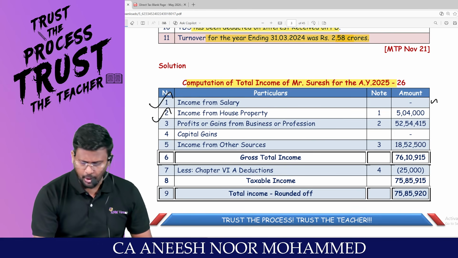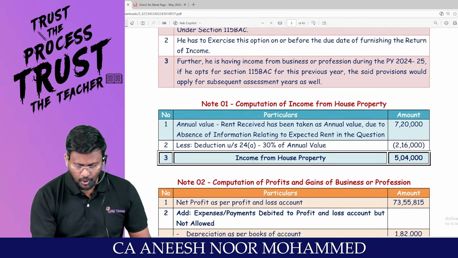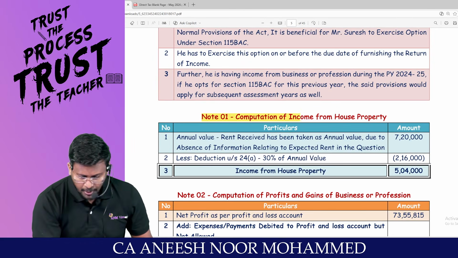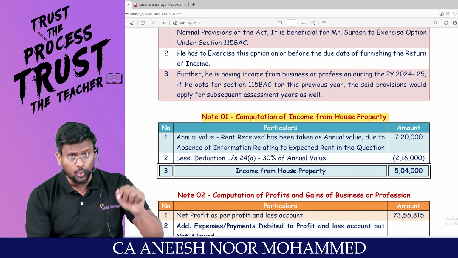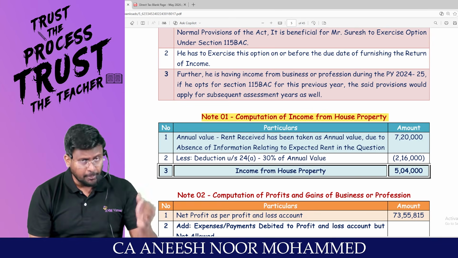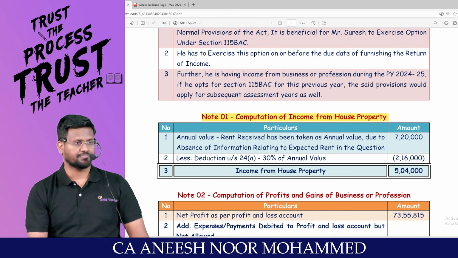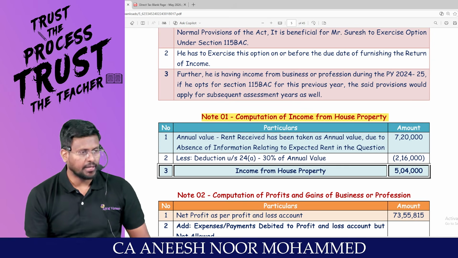Number 2, income from house property. What adjustment regarding house property should you do? You have to remove it from PGBP and include it in the head IFHP. In PGBP, rent received has been given. Rent received means let out property.